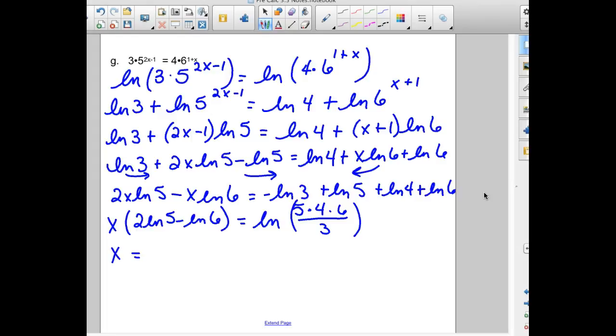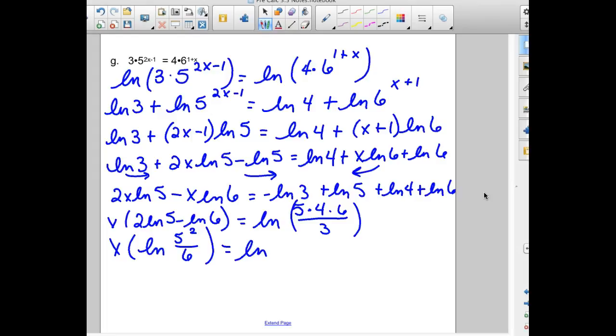All right, so we can divide or condense. Let's go ahead and condense this side a little bit first here. So we have x times the natural log of 5 squared, if we put that 2 back as a power, and the 6, since it's subtraction, condenses into division.